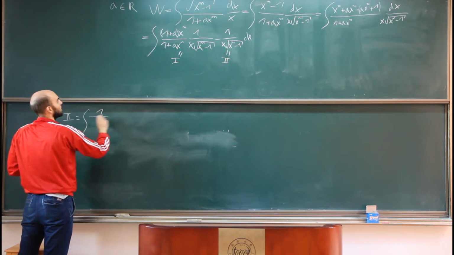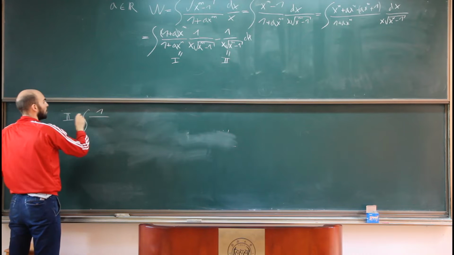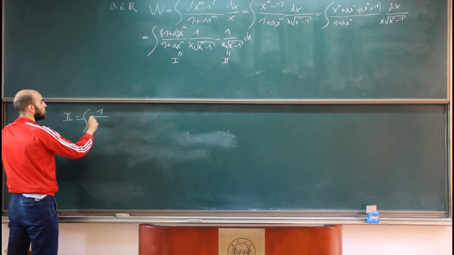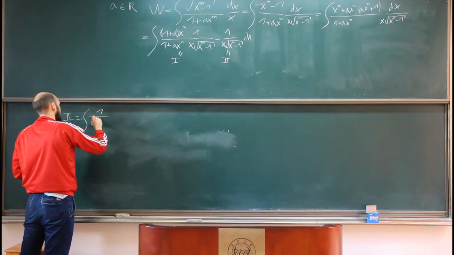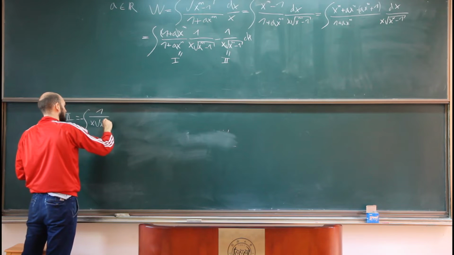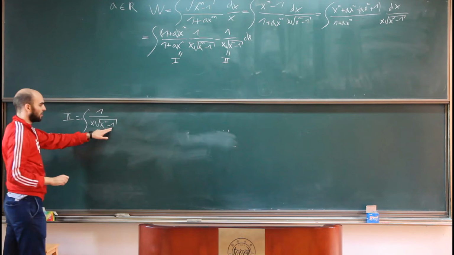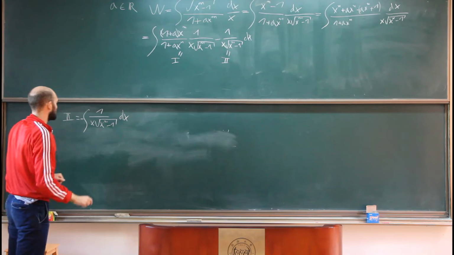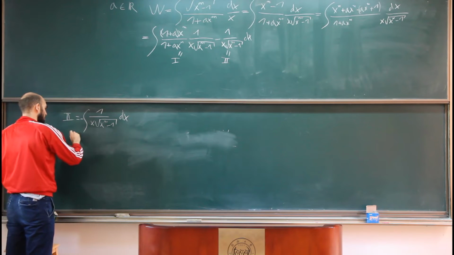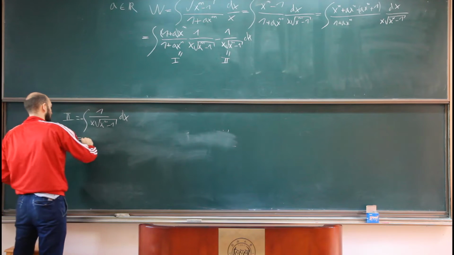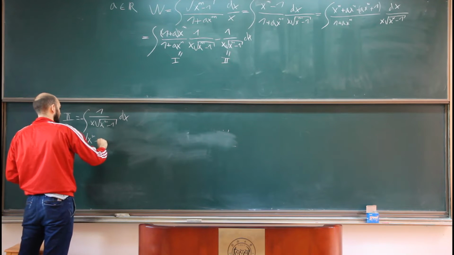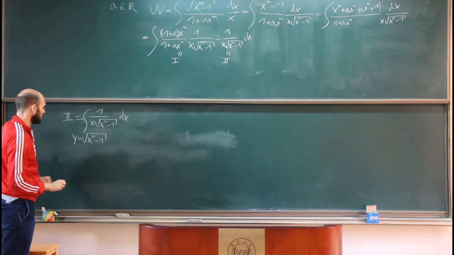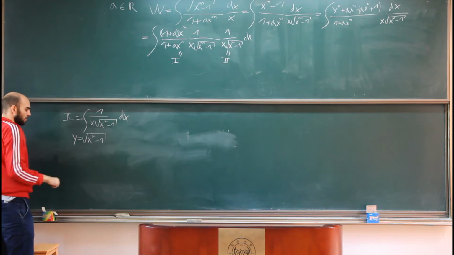So we have minus 1 over x times the square root of x to the power of n minus 1 dx. And I'm just going to substitute the square root here. So I'll call this y. So y is equal to the square root of x to the power of n minus 1. And we're just going to differentiate this.